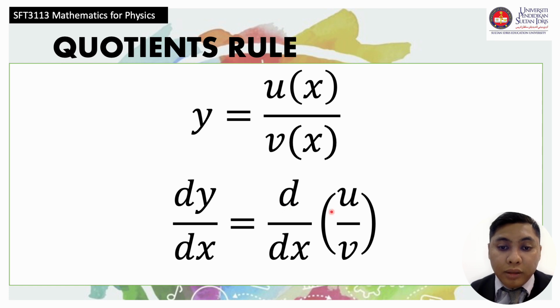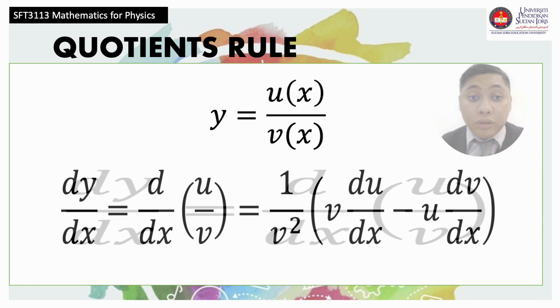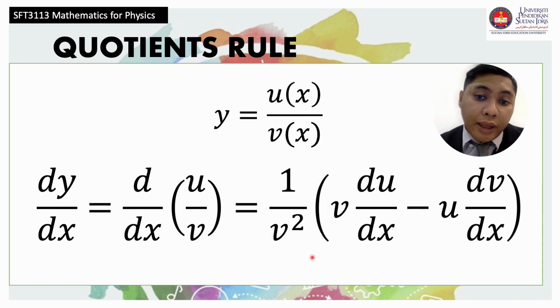When we differentiate these two functions, you will get 1 over v squared, times v du/dx minus u dv/dx.